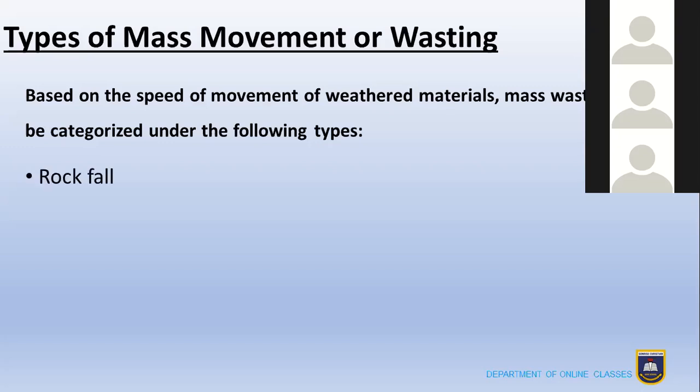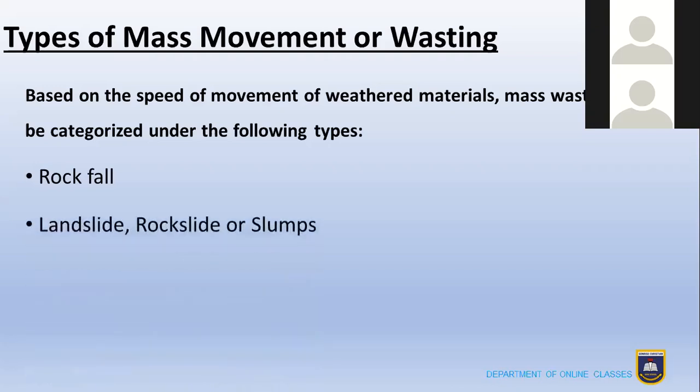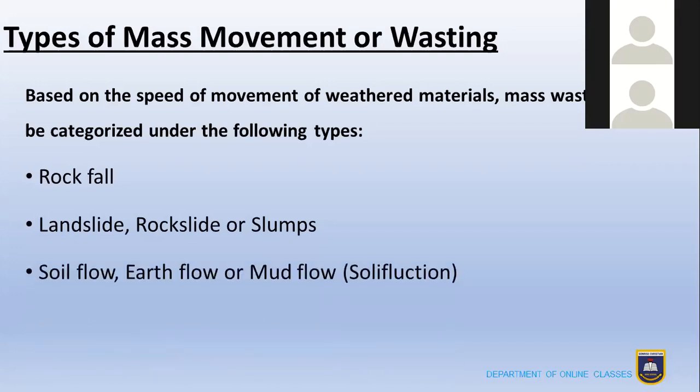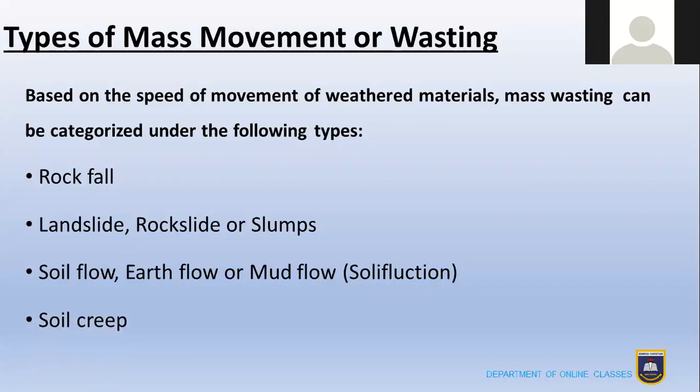All right. The first one we are looking at is the rockfall. We'll look at landslide, rock slide or slumps. We'll also look at soil flow, earth flow or mud flow, what we basically refer to as solifluction. And finally, we shall look at soil creep.